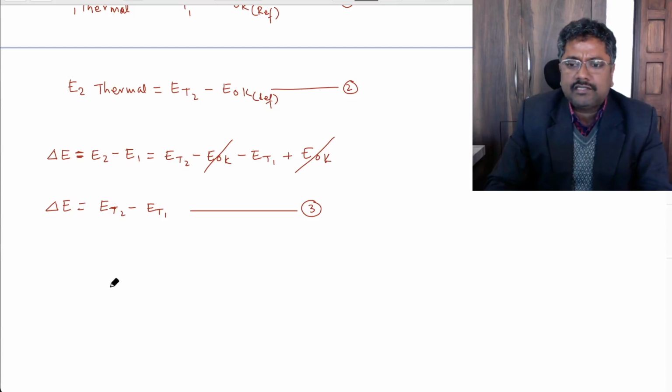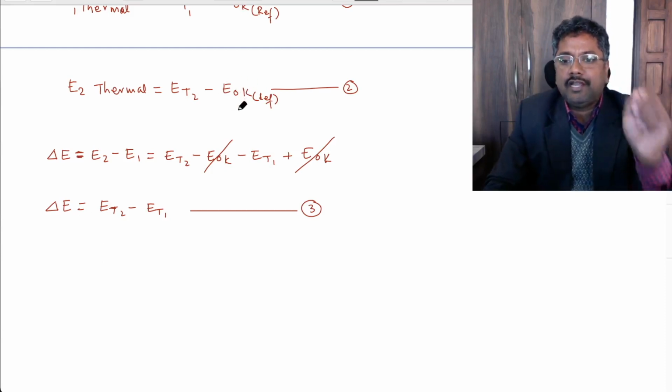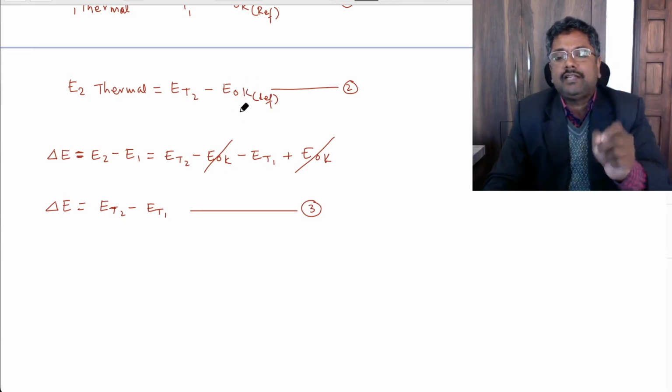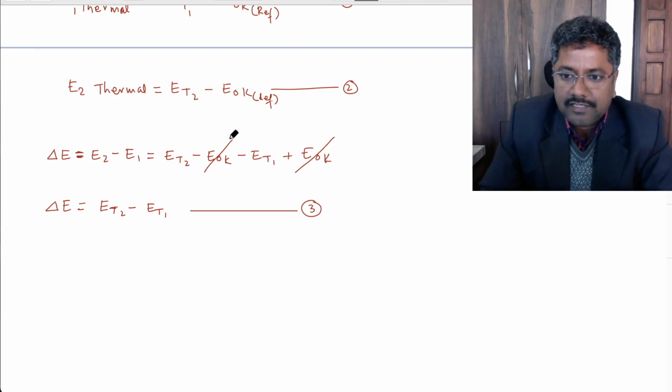We cannot say that we cannot determine the absolute value. We can determine the absolute value, but this value is with some error, right? And the error is equal to the energy left in the system at 0 Kelvin, right?